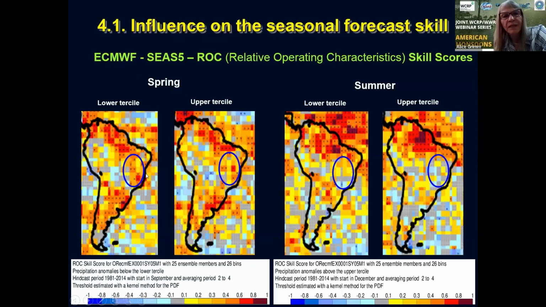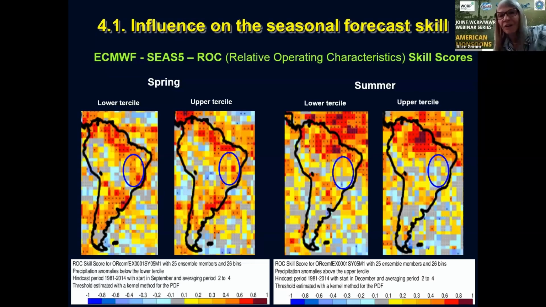For spring, you have a rather good skill in this region. But look what happens in peak summer. It drops very significantly, because the models even tend to persist what happens in spring into the summer.